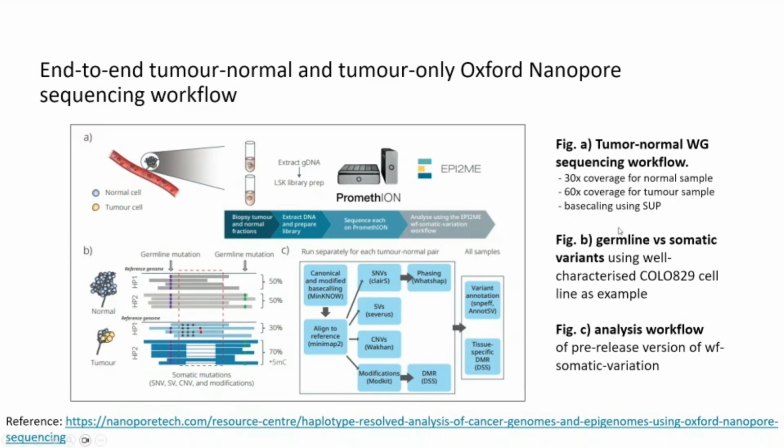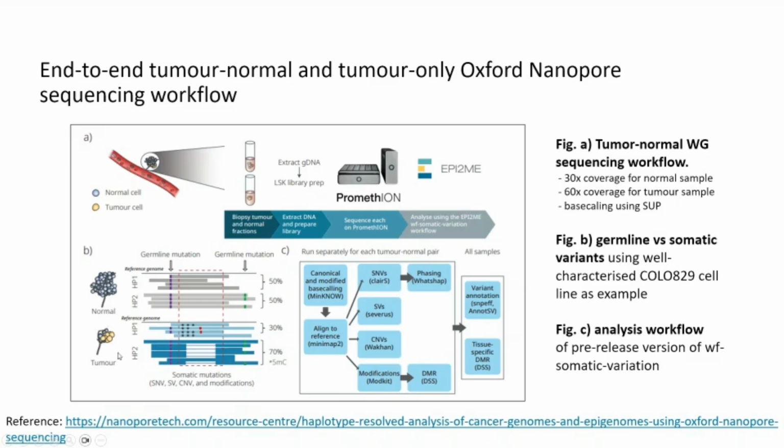And then in order to accurately identify the variants inside the samples, the recommendation for the base calling is to use the super accurate mode. If you want to have a quick look at how tumor variants compare to the normal variants, this is basically the picture of it.